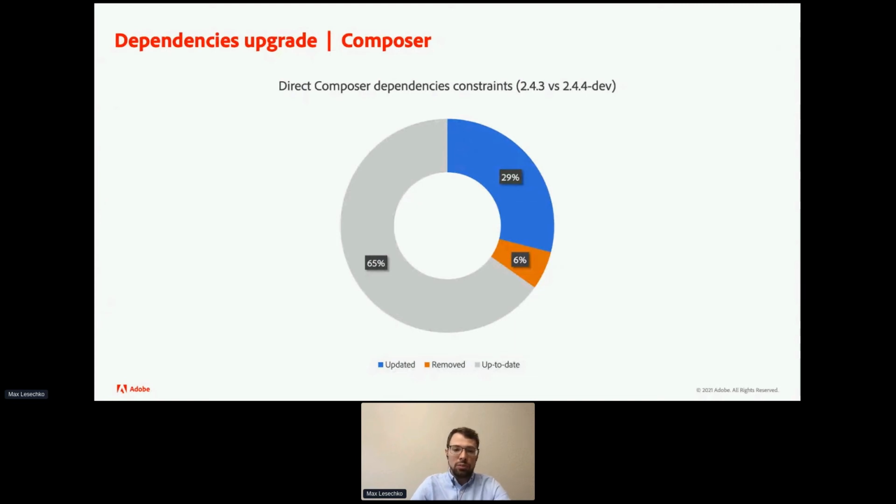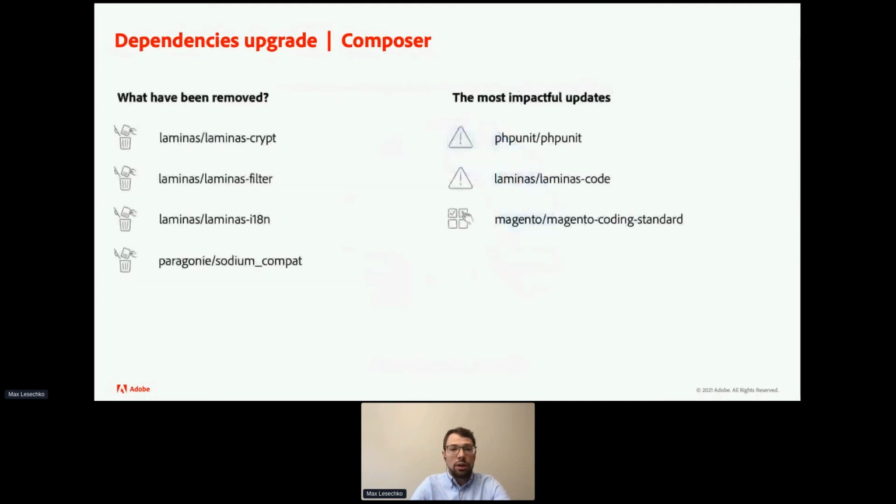Some of the versions were updated. And what was updated here? First of all, let's discuss what was removed. We tried to reduce the number of dependencies just to simplify upgrades. You can see a list of 3 Laminas dependencies removed and 1 additional dependency removed.